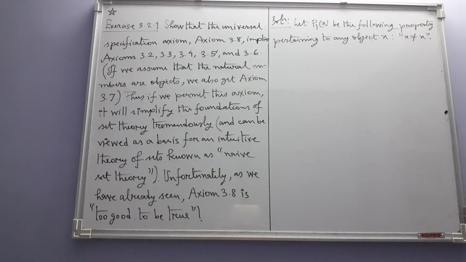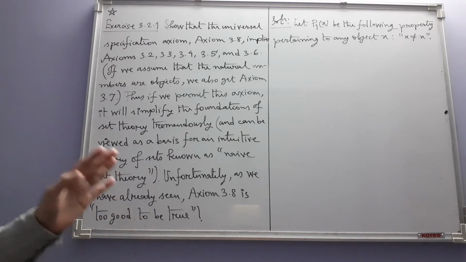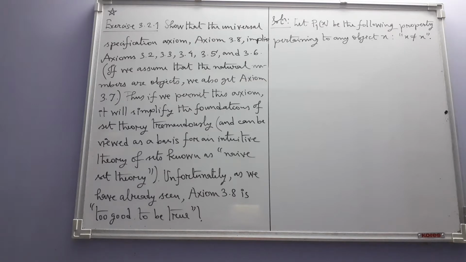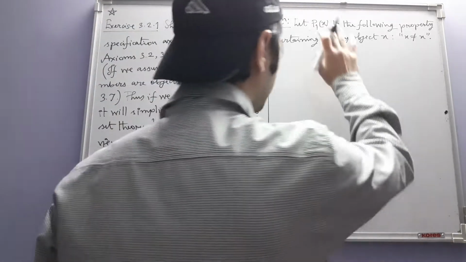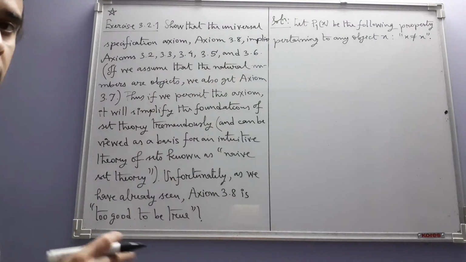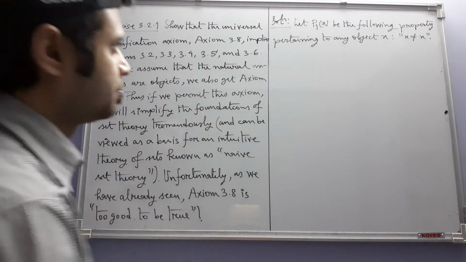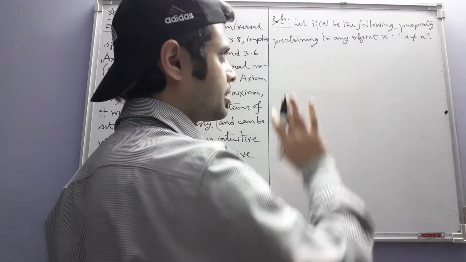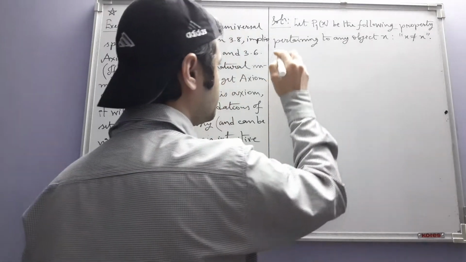If we have any object x, the property says that it is true if x is not equal to itself, and clearly that is never true. But nevertheless, for this property, according to the axiom of universal specification, there is a corresponding set consisting of those objects that satisfy this property.